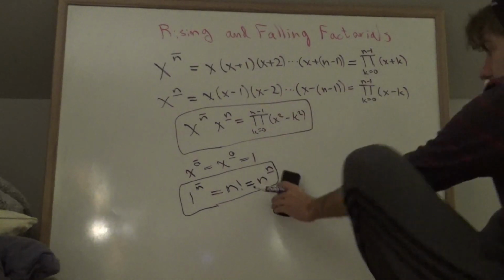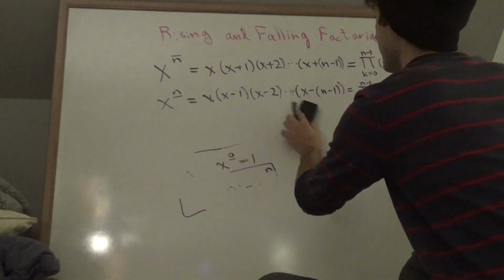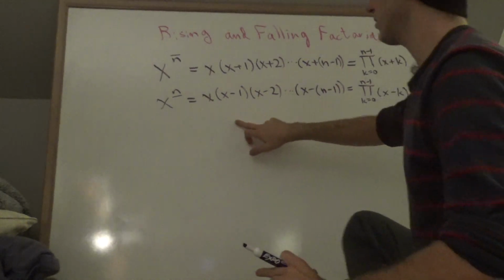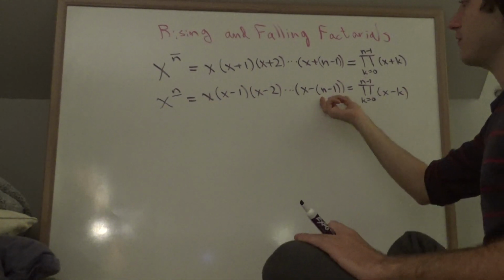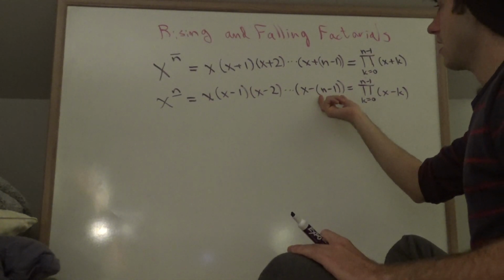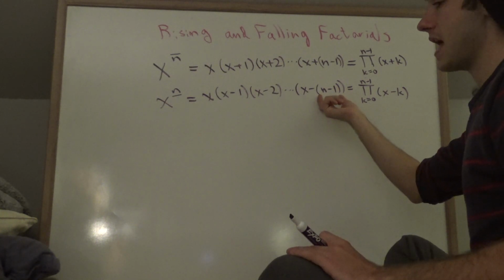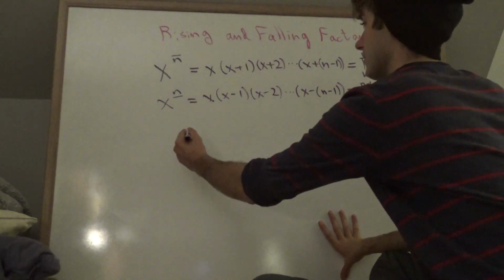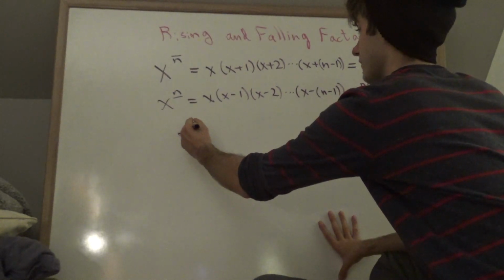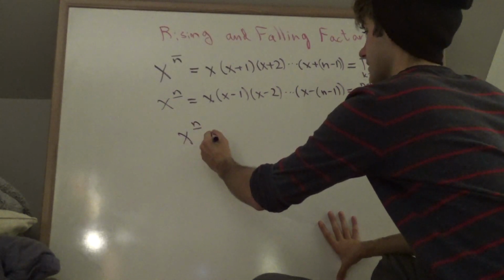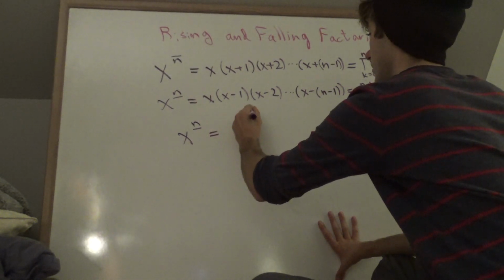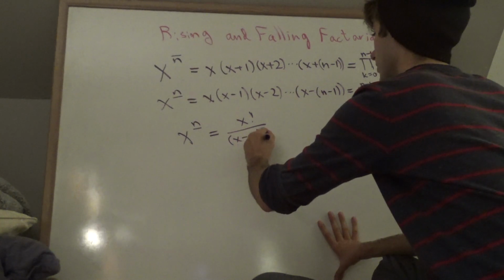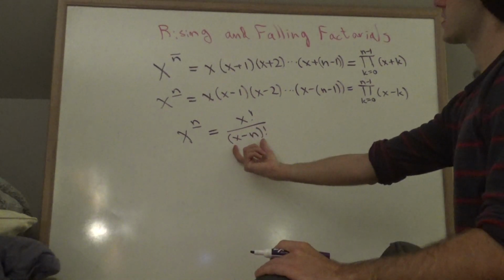For example, if we take a look at the falling factorial, we see that this is almost x factorial, except we stop because we remove everything from x minus n downwards. So the nth falling factorial of x is actually x factorial divided by x minus n factorial, because we're removing this stuff from the bottom.